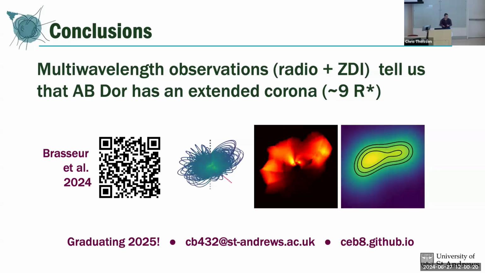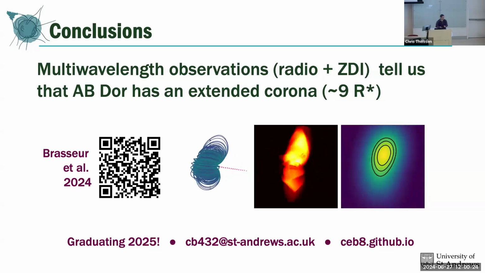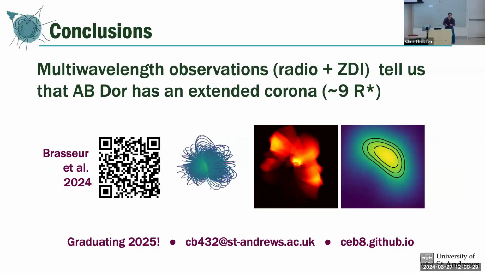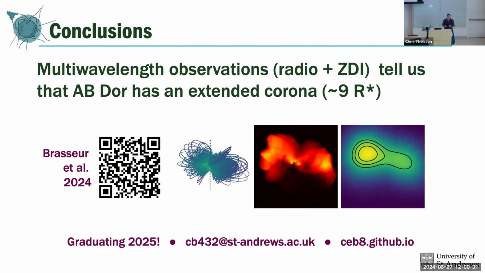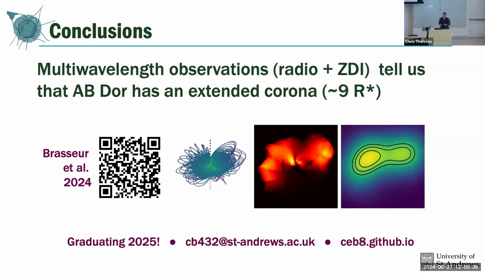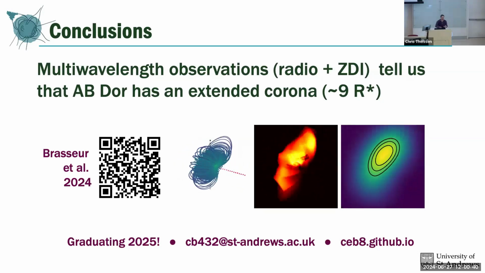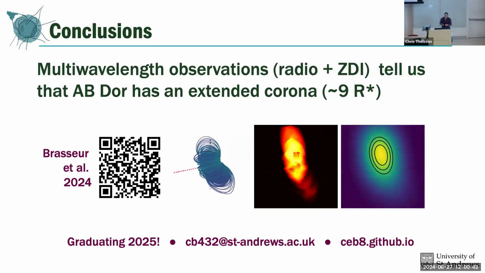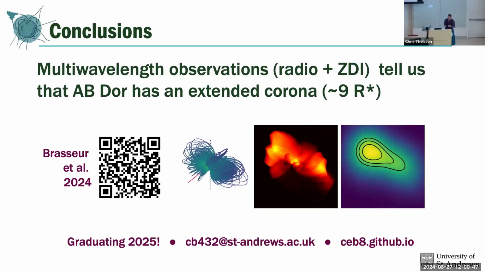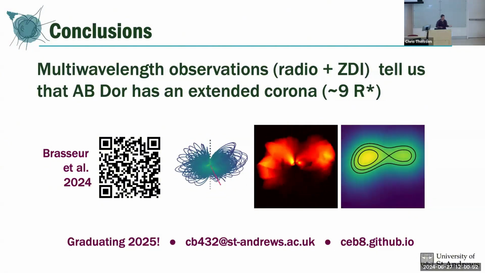Jeffries asked, is the base pressure and temperature consistent with the X-ray observations of AB Dor? Okay, so the question is, is the base pressure consistent with X-ray observations of AB Dor? Yes, basically all of our range of base pressures that we tested are consistent.